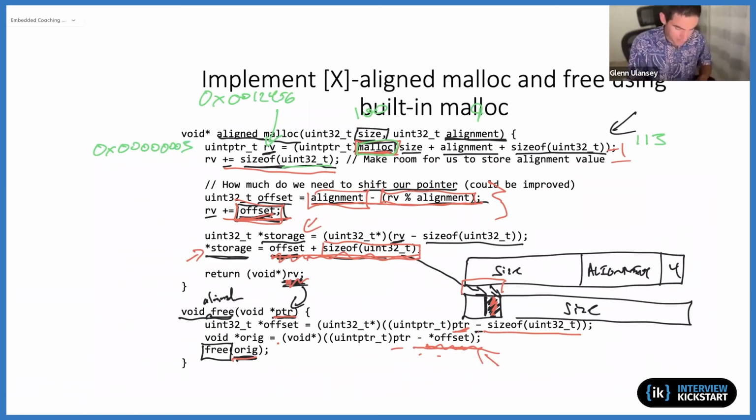Let's do the number 3. 3 is obviously not a multiple of 9, so we need to do some sort of alignment at least. So next we're going to increment RV by 4. So then we're going to get the number 7 here.